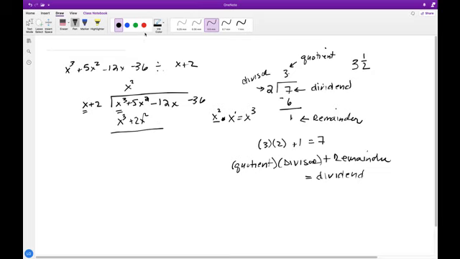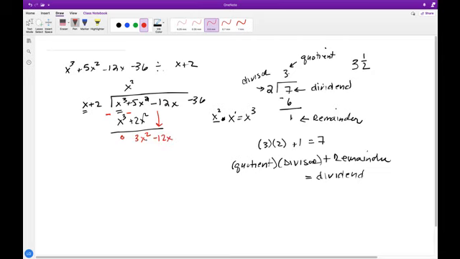And I always take this one column at a time. So x cubed minus x cubed equals 0. 5x squared minus 2x squared equals 3x squared. And then bring down the next term, which is minus 12x. And then we do this process again.